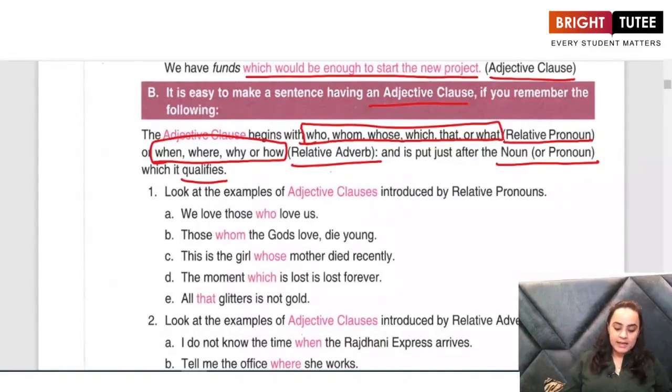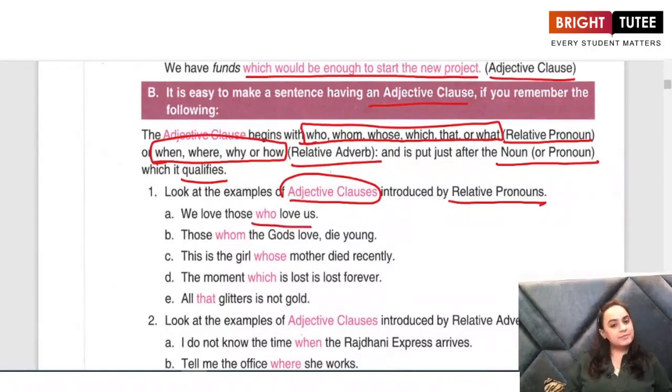Now look at the examples where my adjective clauses are introduced by relative pronouns. We love those who help us. Who do we love? Who help us. Those who help us. Those whom the Gods love die young. Is beginning with whom. This is the girl whose mother died recently. Beginning with whose. Relative pronoun.